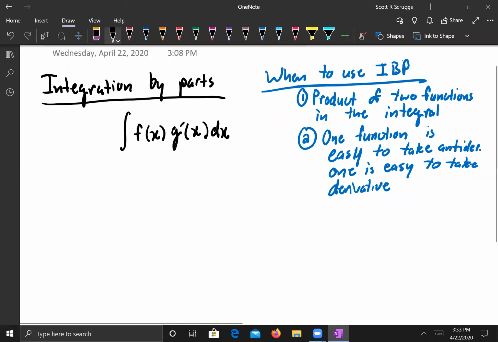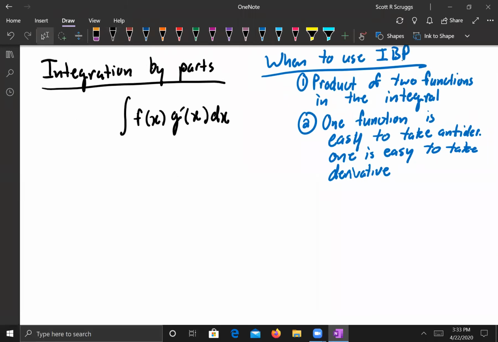And the way that our integration by parts formula works is I'm going to define two brand new variables, u to be the function that is easy to differentiate, and the second function with the dx, I'm going to define it to be dv.